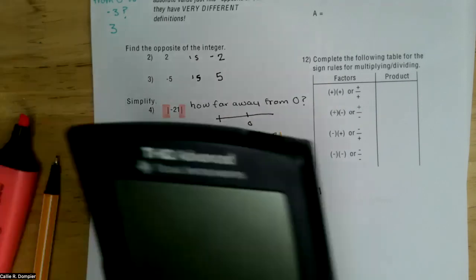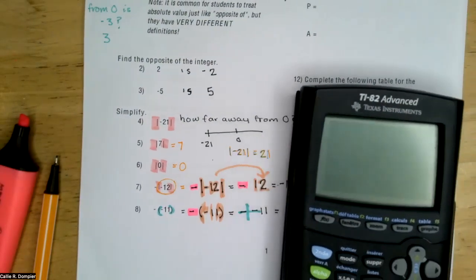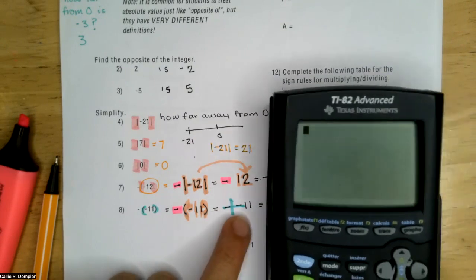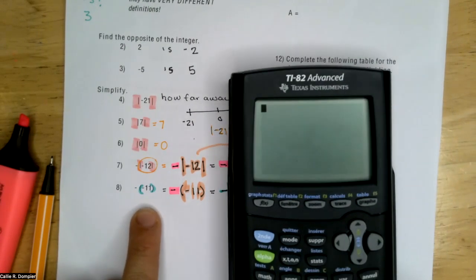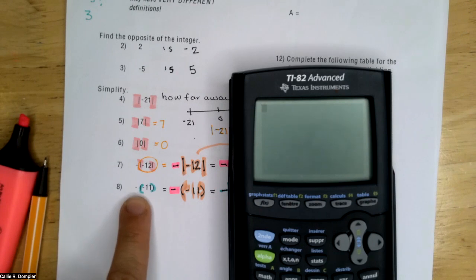If you are careful, I would encourage you to put stuff like this into your calculator, okay? So minus a negative 11, you can even put it in with the parentheses. So don't start with a minus sign unless you have something in front of the minus sign, okay? Minus 11 is going to pull up whatever you had before, or it's just going to say error, okay?